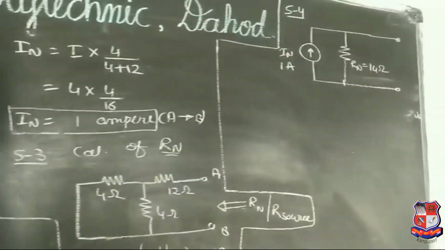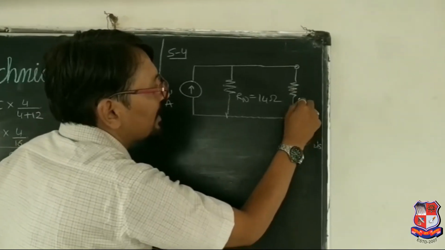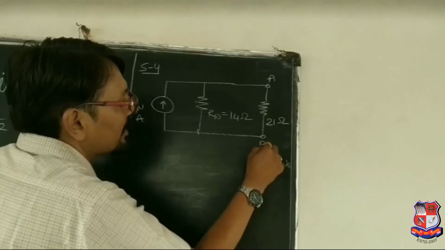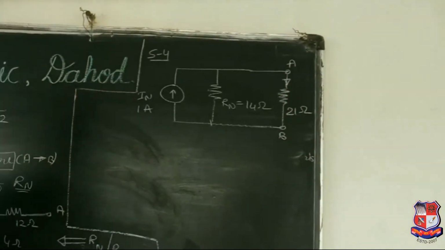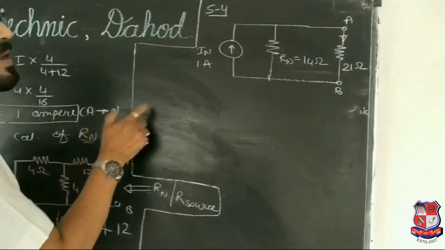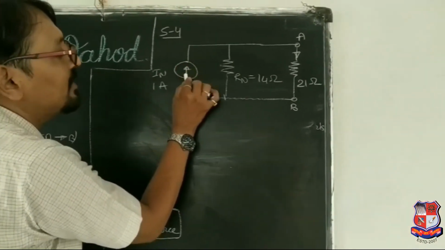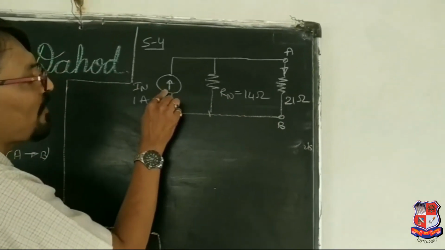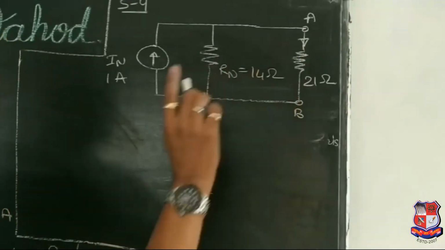So here we have to connect the 21 ohm resistance, that is our load resistance, between terminal A and terminal B. The direction of current for terminal AB, calculated in step 2, is from A to B. So the current I Norton is represented in the upward direction, and then this current will be in the downward direction. So the direction of I Norton is according to the direction of current through terminal AB.